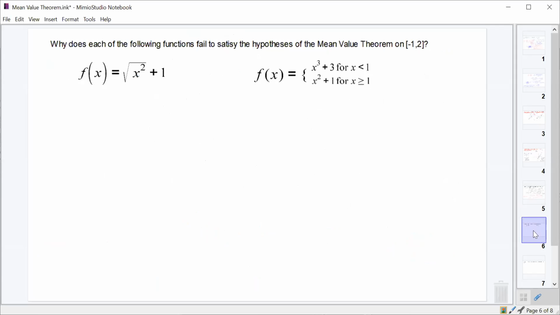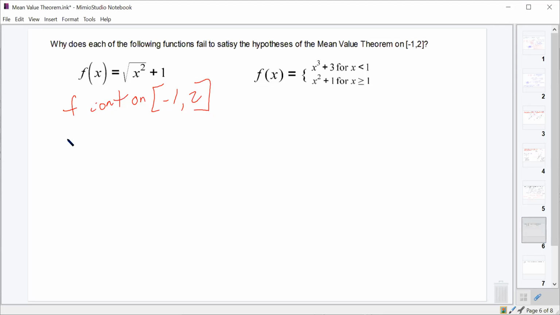First off, is this continuous on our interval from -1 to 2? Yeah, it should be, right? I can plug in any number to that because I can square root anything as long as that thing is positive or 0. And the squared in there is going to allow me to make anything inside of there positive. Right? So we know that f is continuous on this interval -1 to 2.